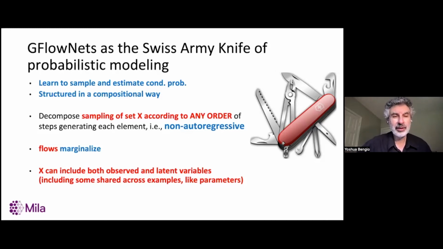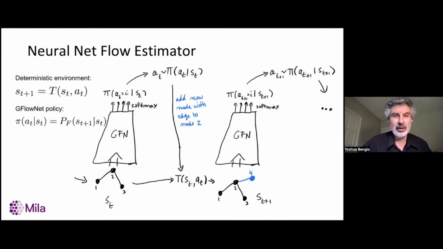So that's another thing you can do with GFlowNets. In the initial paper, they were used purely with objects that were observed, like molecular structures, but really they can also handle latent variables.